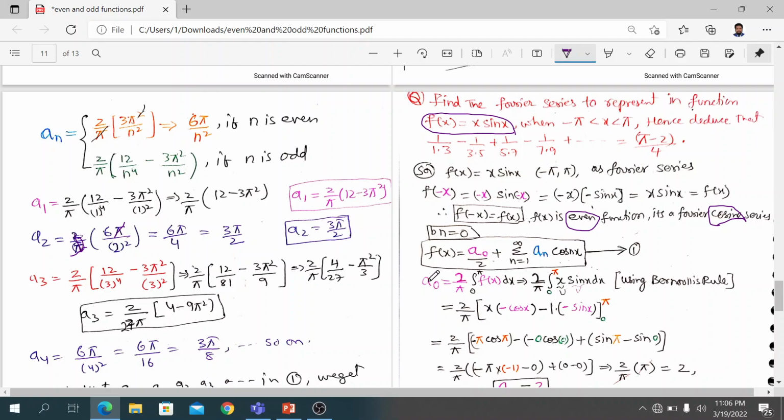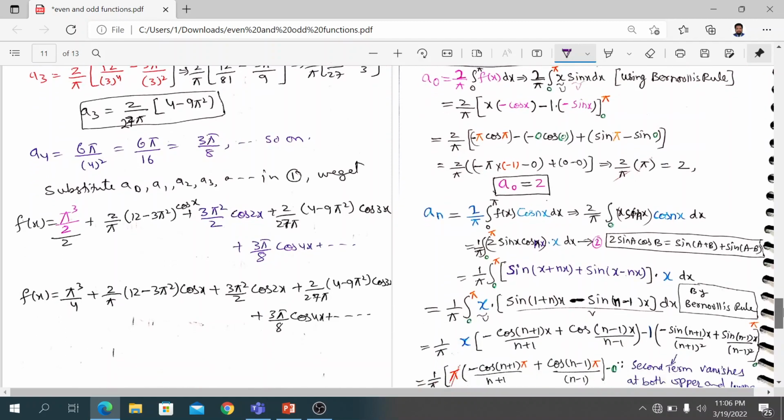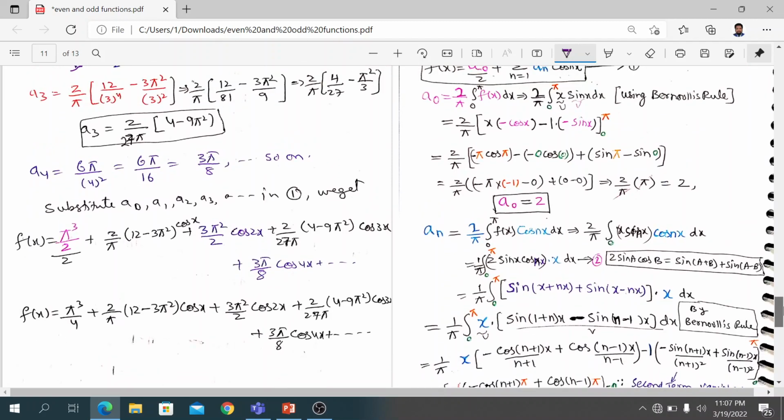Now to find a naught: 2 by pi integration 0 to pi f of x dx. What is f of x? x sin x. Using Bernoulli's rule, u is x, minus derivative of x is 1, integration of sin x is minus cos x, integration of minus cos x is minus sin x, from 0 to pi.